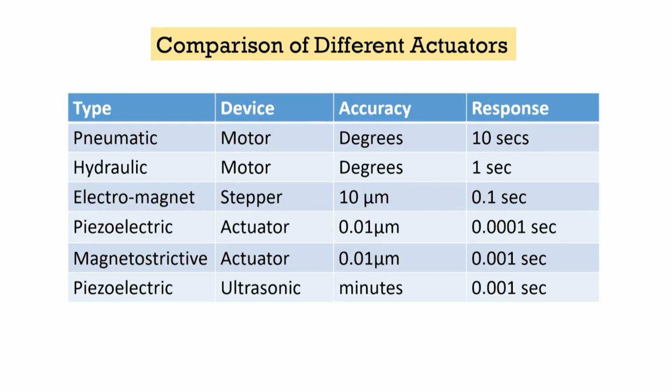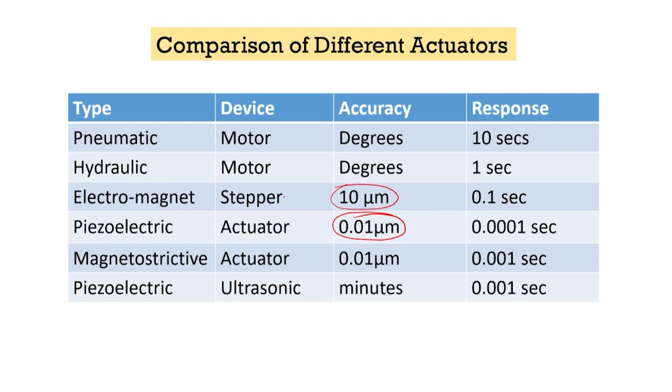Now, if you compare the performances of a conventional system versus such a system, you would see why it is high precision. See these actuators, they have a precision of 0.01 micrometer. Compare it with an electromagnetic system, 10 micrometer.